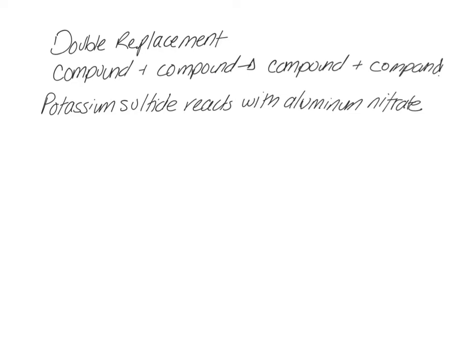So we're going to go through this just like we have in the past by looking at the question, and then I'm going to write the metals in blue and the non-metals in red. So firstly, the question might be something like this. Potassium sulfide reacts with aluminum nitrate. So potassium, I would look at my periodic table of ions, is positive.